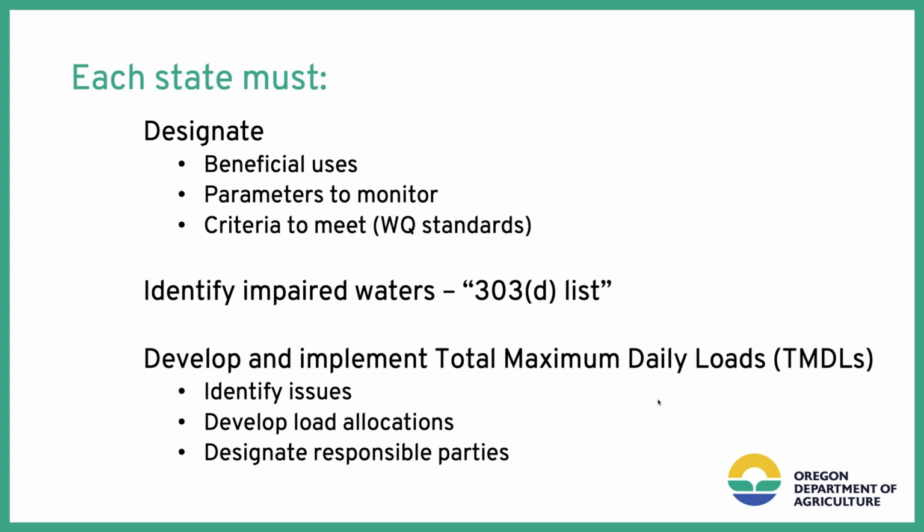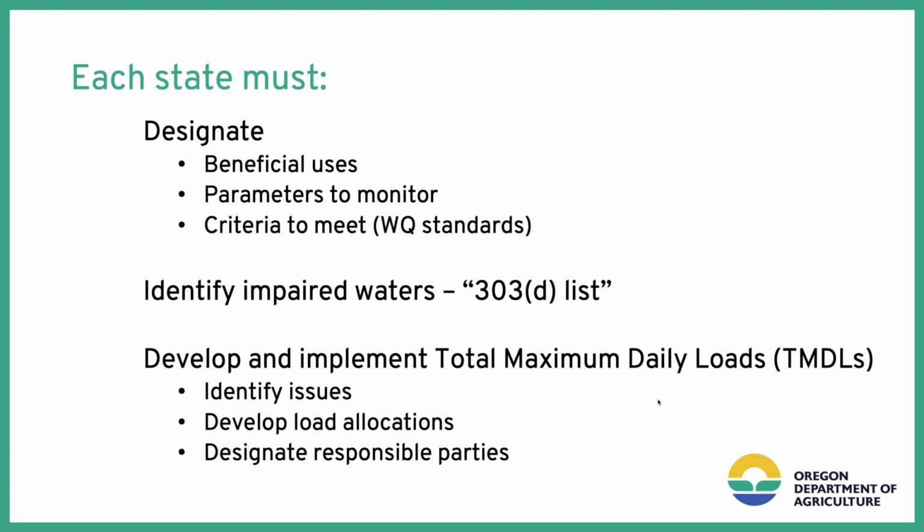And the concept is that if those criteria are met, then the beneficial use is being met. An example would be the use of contact recreation, and E. coli is the parameter for that. And there's two standards, one for grab samples and one if you're taking multiple samples within a certain time period.